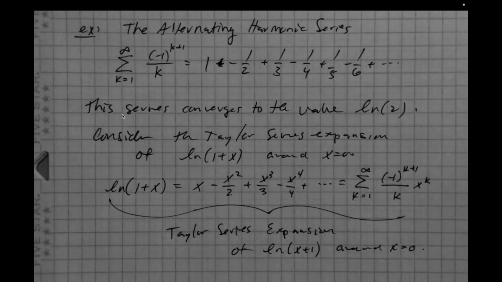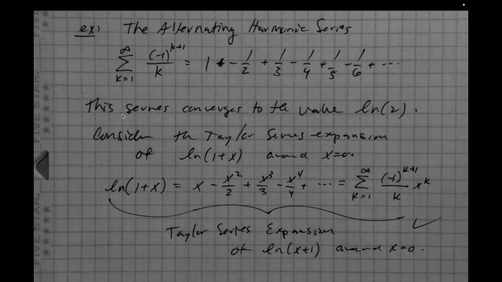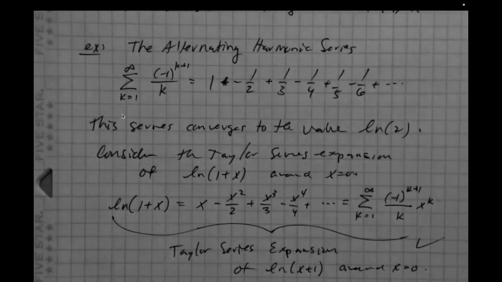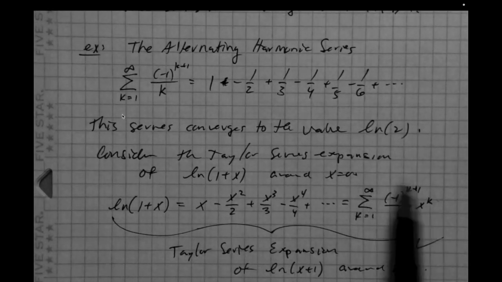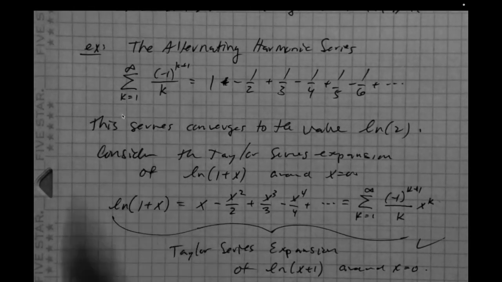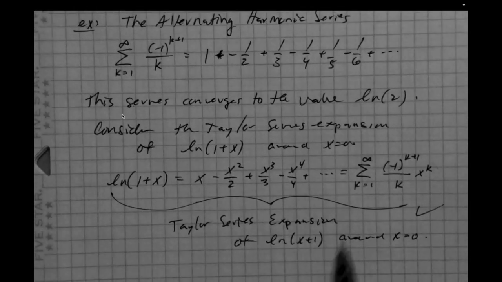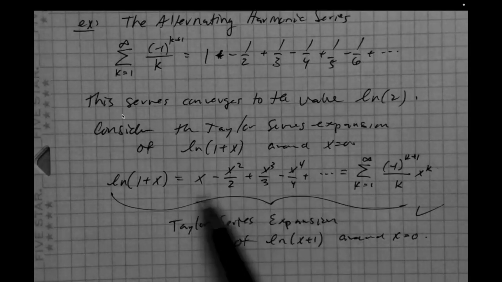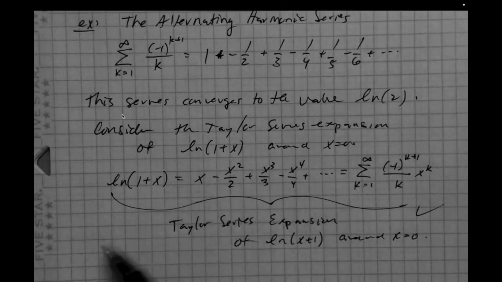This isn't something you use all the time, so you can just look it up. It's pretty cool. Obviously, if you look at this series, it looks an awful lot like our alternating harmonic series, right? Now, it turns out that this is going to be valid when x is between negative 1 and 1.